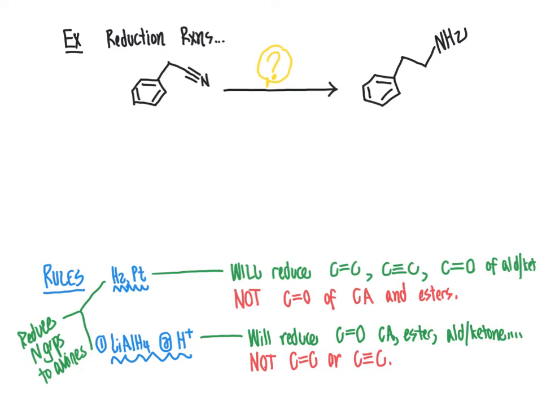So in this particular reaction, we have on our smorgasbord 2 possible ways to go about reducing nitrogen-containing groups to amines. That was, we could either use hydrogen with a metal catalyst, or we could use lithium aluminum hydride with acid as the second component of this.